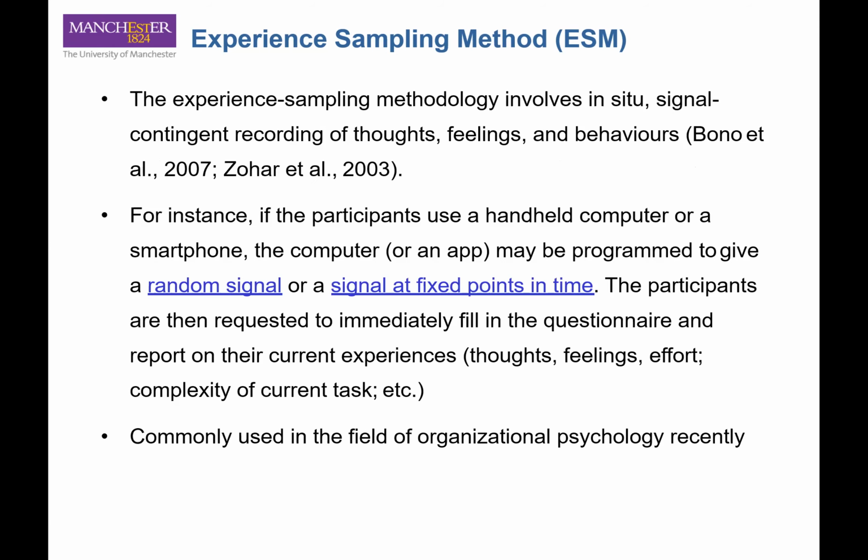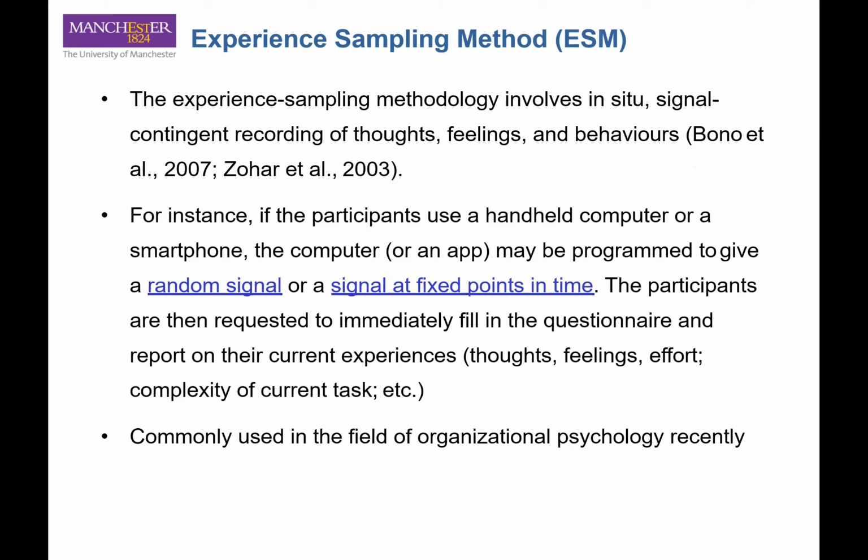The experience sampling method, ESM, involves signal-contingent records of thoughts, feelings, and behavior. So this research methodology is used to capture the fluctuation and contingency of the thoughts, behavior, and feelings of individuals.